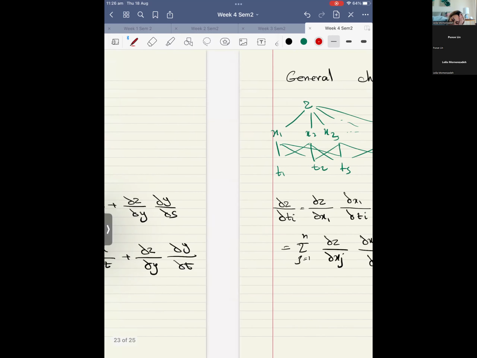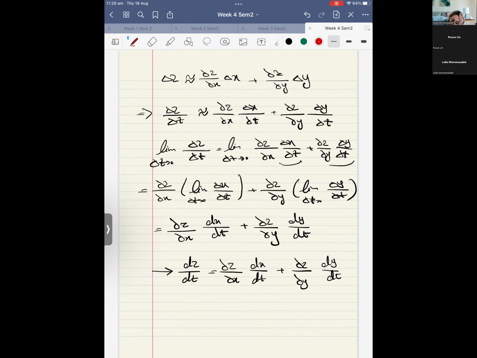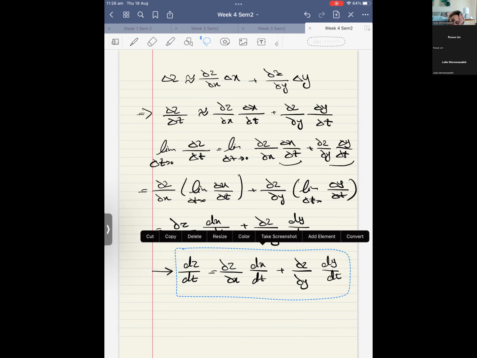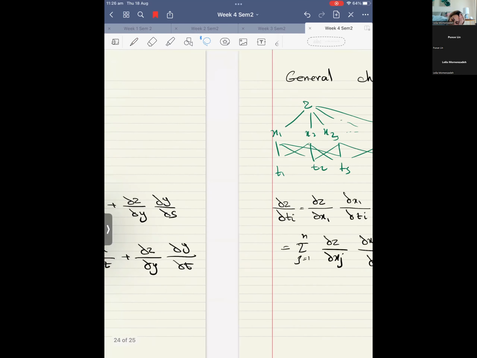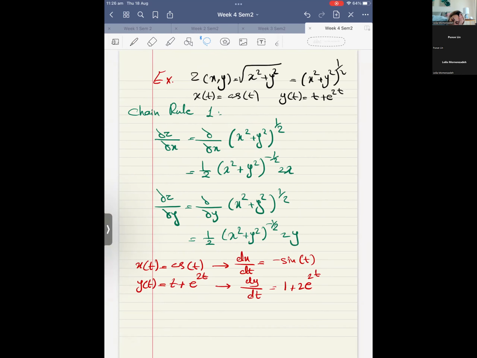And what is chain rule number 1? Is this one. I copy this one and paste here.